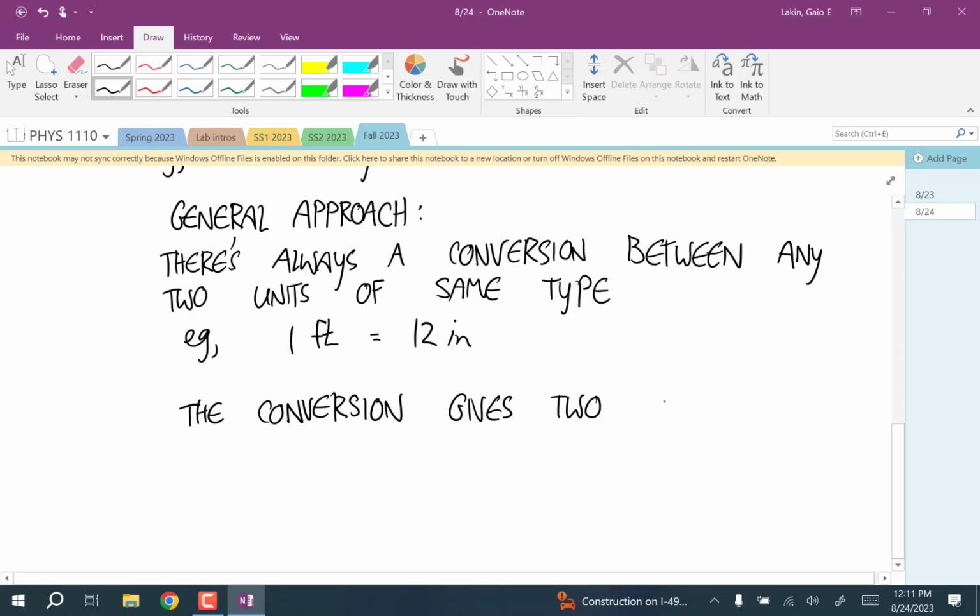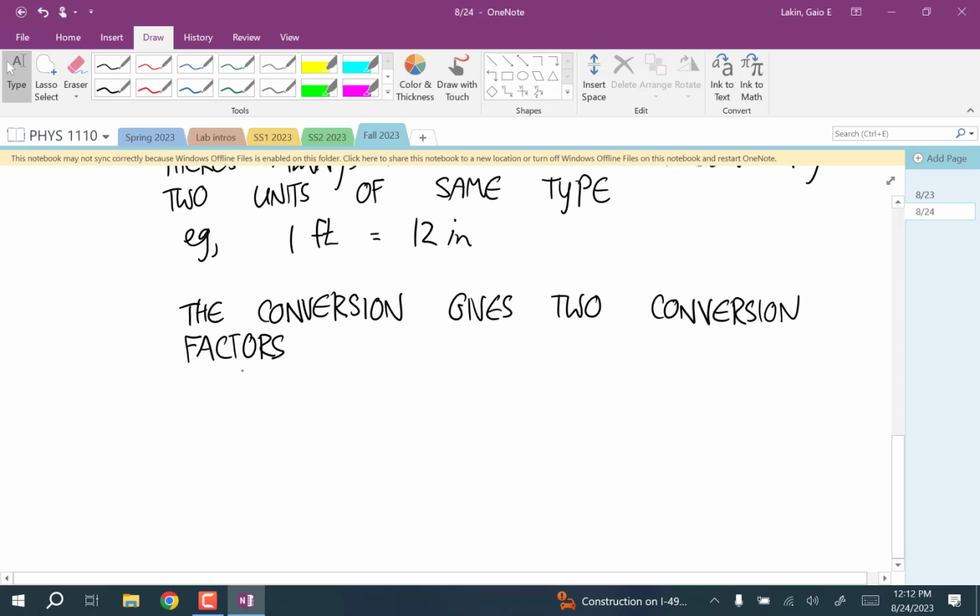So this conversion gives 2 conversion factors. And those are 1 foot over 12 inches, which is equal to 1. And that's also equal to 12 inches over 1 foot. You're just dividing it by itself, just in a different form.